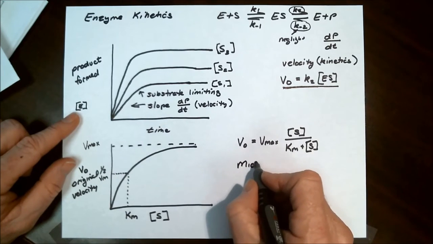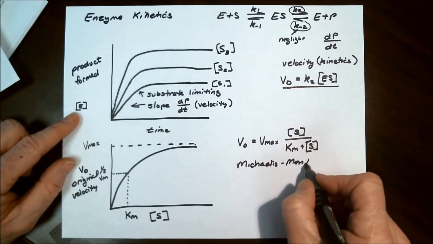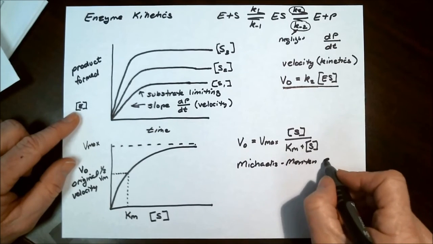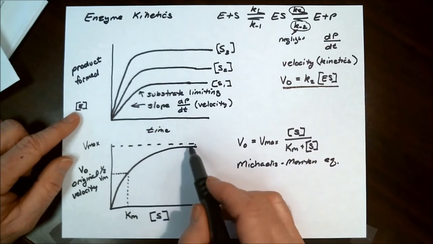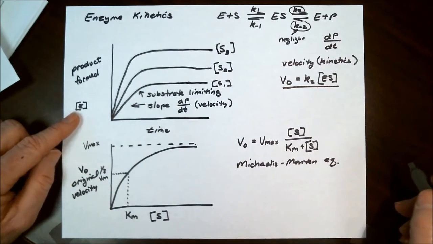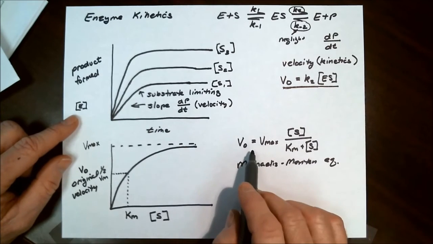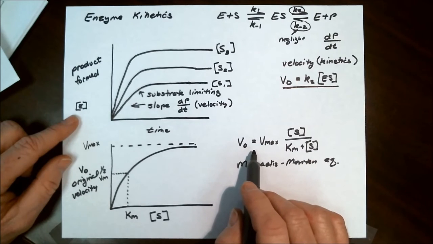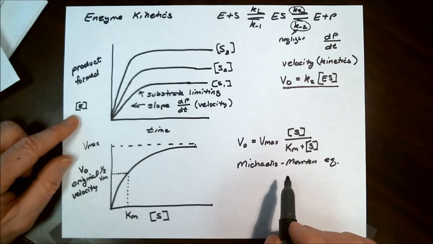This is called the Michaelis-Menten equation. And simply, this equation defines this hyperbolic line. Now, why is this important? Well, what this determines is that the velocity of an enzyme is dependent on the substrate concentration.